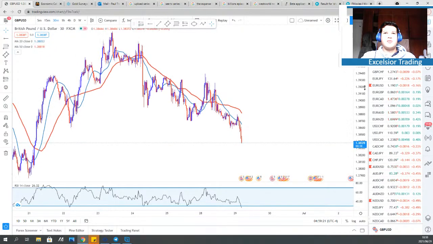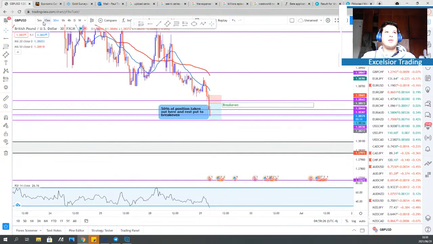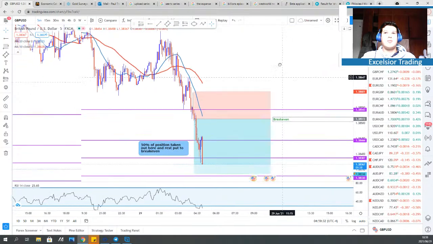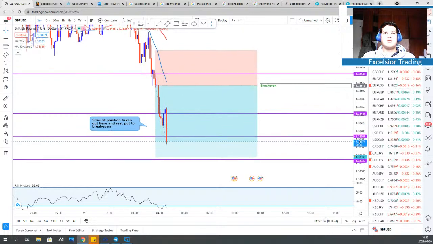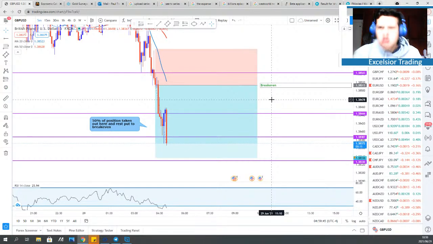But if GJ is moving like that, very good chance that we might see that TP being hit like now. Oh guys, this is gonna get hit. Come on, man. Look at that bearish engulfing. Come on, just do it.